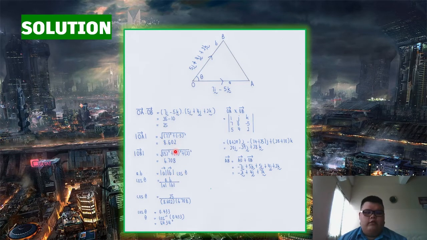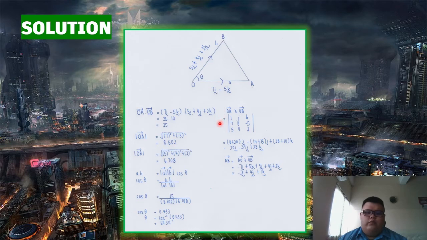Before we use this formula, we should find the value of OA dot OB, which is equal to 25, and find the magnitudes of OA and OB, which are 8.602 and 6.708. Then we can get the angle theta equal to 64.34 degrees. We also need to find the vector product of the two vectors above.